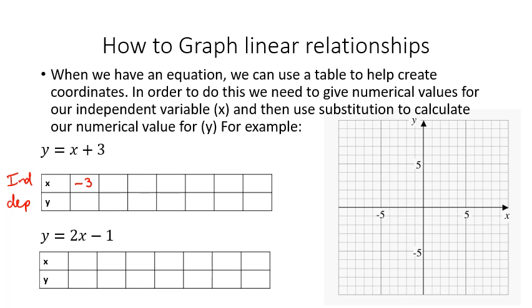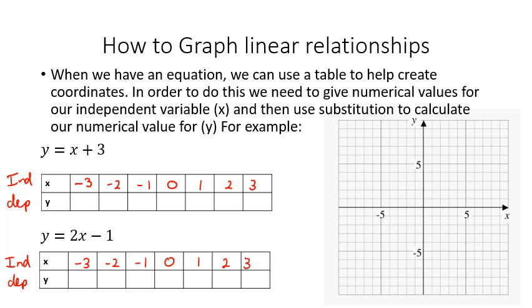So I'm going to go -3, -2, -1, 0, 1, 2, and 3. And I'll do that on both of my tables. I'm going to do two examples. Alright, so once I've done that, I simply substitute my values for x into my equation to get my y value.